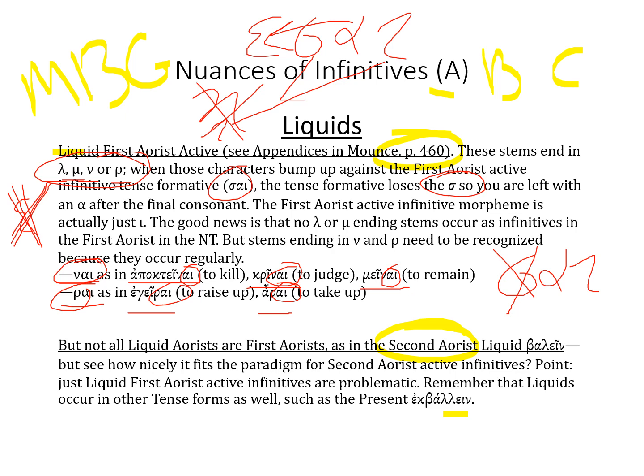And here with the present, the doubling of the lambda, but with the second aorist, the single lambda, but you can notice the ending is the same for both of these in the present, just ain. And that is a blessing for us that not all liquids are first aorist, some are second, and if they're second, well, easy enough because the second aorist ending is not sigma alpha iota, it's ain.